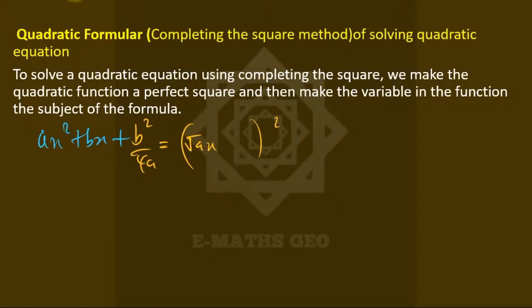Remember, I told you plus or minus b over 2a. So that's it. And if you look at these two, it's easier to work with the right hand side than the left, because remember, to solve a quadratic equation is to solve for the unknown, which is x. And if you look at the left hand side, there is x squared and there is x.